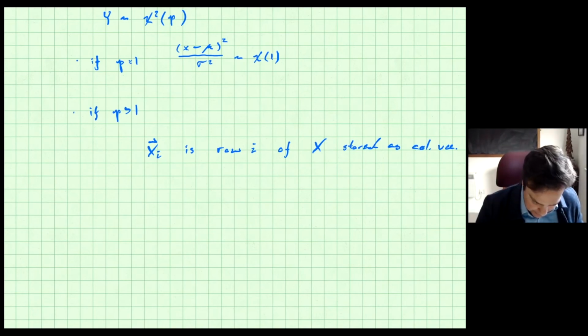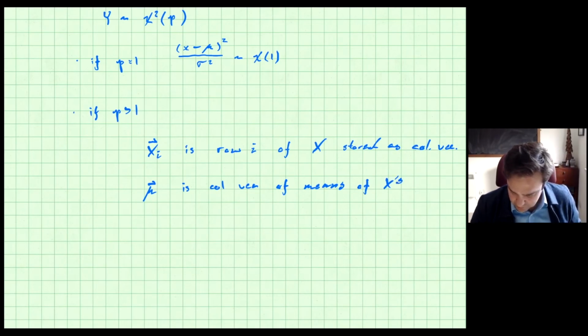And now mu is a column vector of means of X's columns.